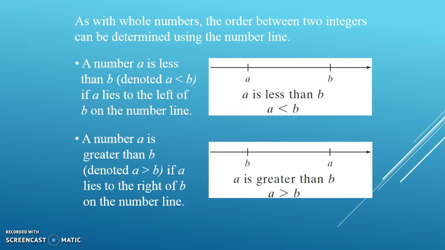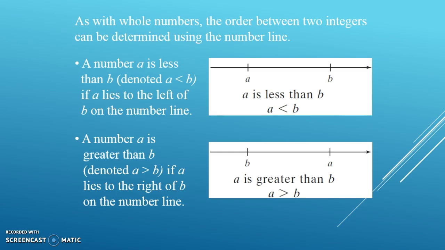Anytime we are looking at order, we always are going to be looking at where it falls on the number line. So anything that's to the left of something on the number line is smaller than that other thing. Anything to the right of something is considered larger than. So those are just some other key topics to keep in mind when we're talking about integers.